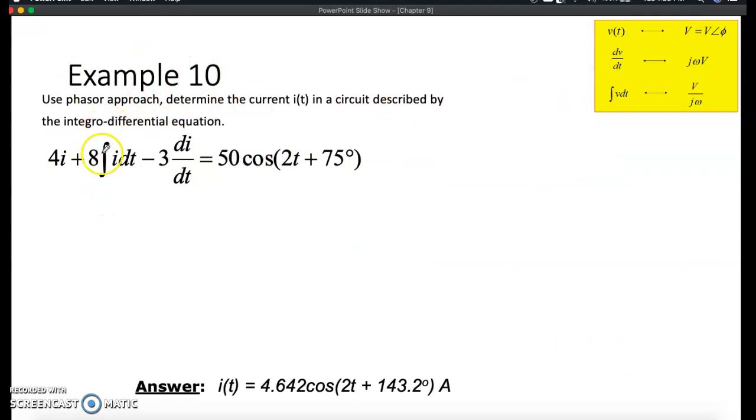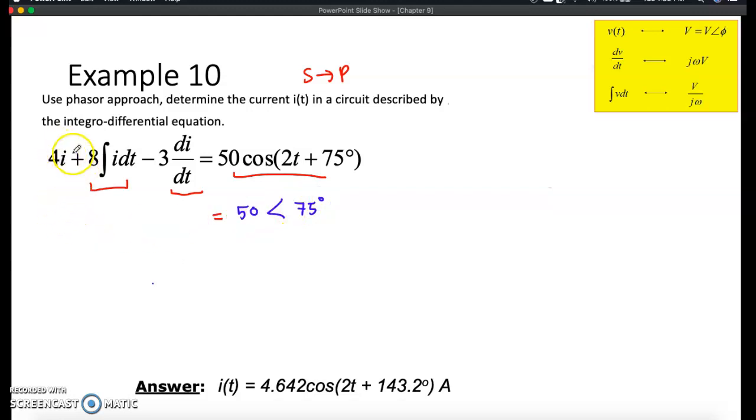You are given an integral and differential equation. This is the integral, this is a differential, and this is a sinusoid. First step, what you need to do is transform the sinusoid to phasors. So here what you have is 50 angle 75 degrees.